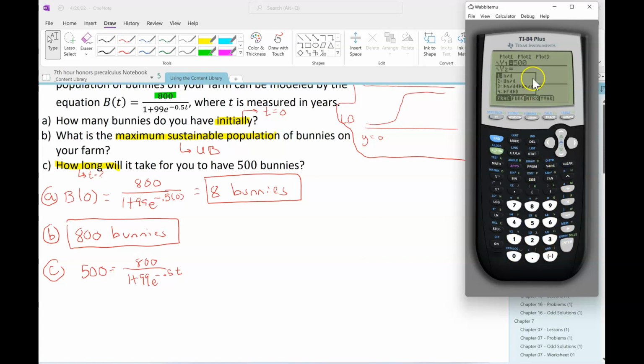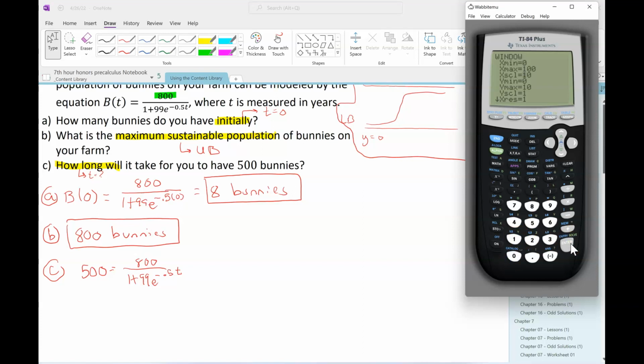To type in that right-hand side, I'm sure going to use that fraction option. So alpha y equals, and then choose option 1, because I don't want to muck around with having to get all the parentheses right on my calculator if I don't really have to. Okay, now we've got that all typed in. Let's reset our window. I don't know, 0 to 100 is probably enough time.